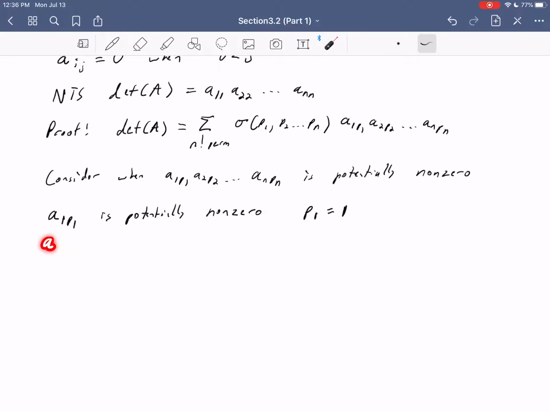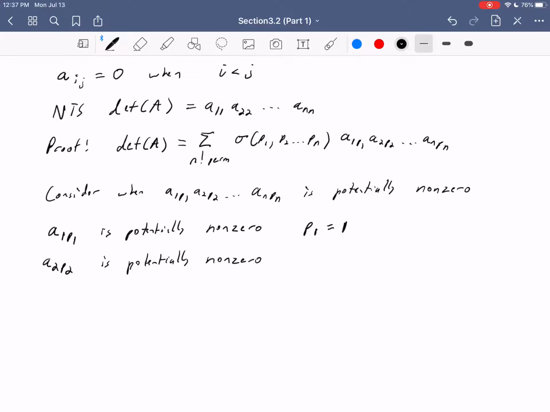Now let's consider A2, P2. So this is potentially non-zero. Well, again, this one would have to be smaller than or equal to this. As soon as this is greater than 2, well, then we automatically know by the definition of lower triangular that that is going to be 0. So that means P2 needs to be 1 or 2.